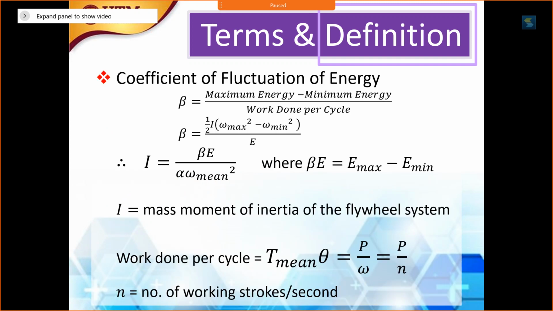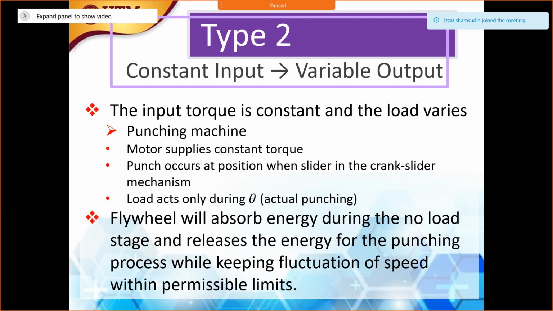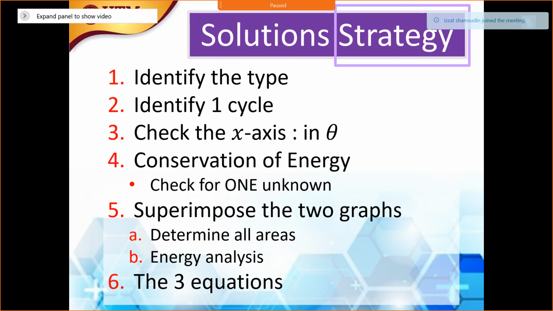We also have a coefficient of fluctuation of energy, which is beta here, and then we have equation of mass moment of inertia of flywheel system, which is beta E divided by alpha omega mean squared, right? And then this is work done per cycle, and it's number of working strokes per second.